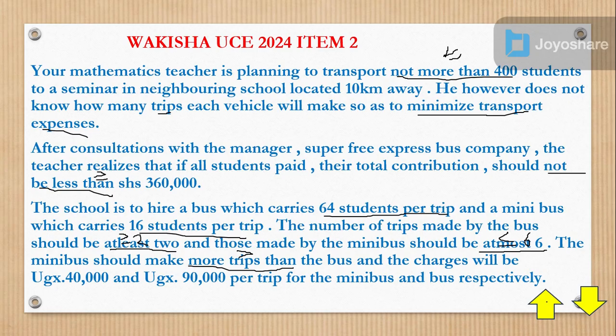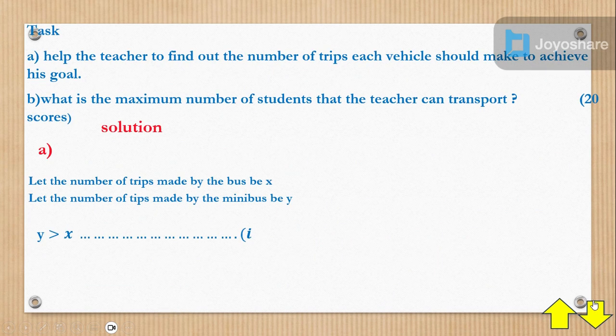Then they are saying the minibus, start with Y, should make more than, means greater, more trips than the bus, but the bus, we remember, is X, and that's how our inequality comes about. So Y greater than X is what we have, as our inequality number 1.